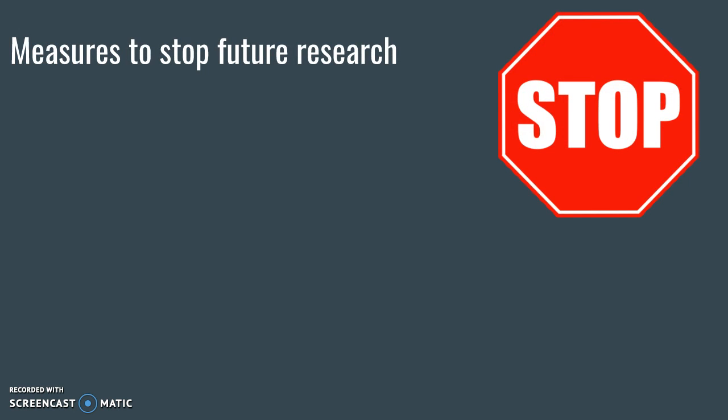Measures to stop future research apply when working as a member of BASES. You are subject to the BASES disciplinary procedure if you don't work ethically and legally. You could be called before a tribunal where a group of BASES officers and the chair of BASES will review your particular case to discover if you have been working ethically and legally.